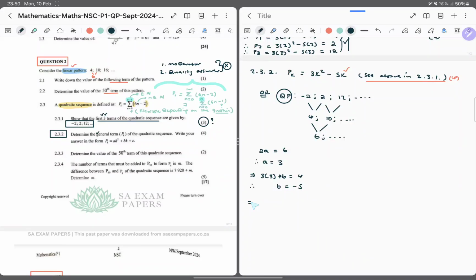Which also implies that a, which is 3, minus 5, plus c should give us minus 2, and therefore our c is 0, because this would be minus 2 plus 2, which is 0. Therefore P_k is going to be 3k squared minus 5k.